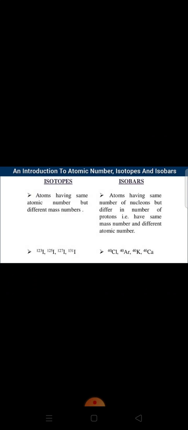Means that isotopes actually differ only in the number of neutrons present in the nucleus. And if we talk about the isobars, then these are the atoms having the same number of nucleons but differ in number of protons. Means they have same mass number but different atomic number.